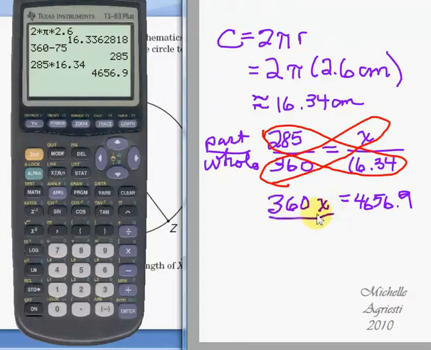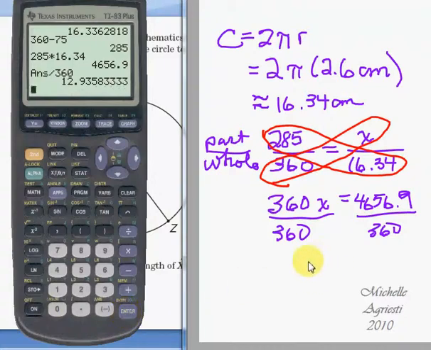Now we divide by 360. So right here we just click on divide, and it brings up our previous answer divided by 360, and we get x equals about 12.94.